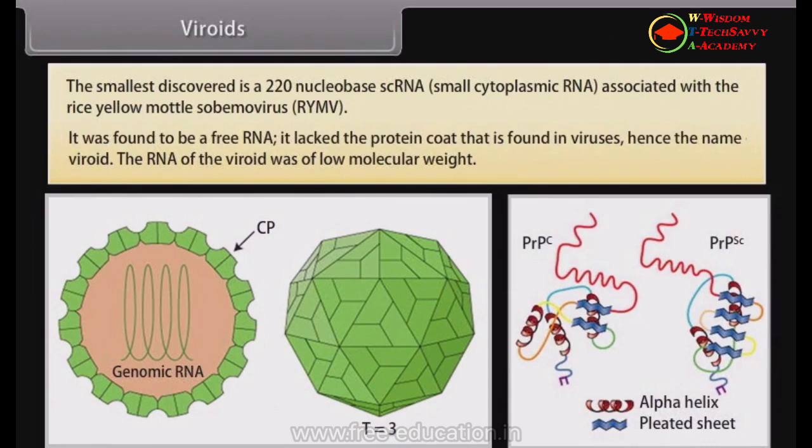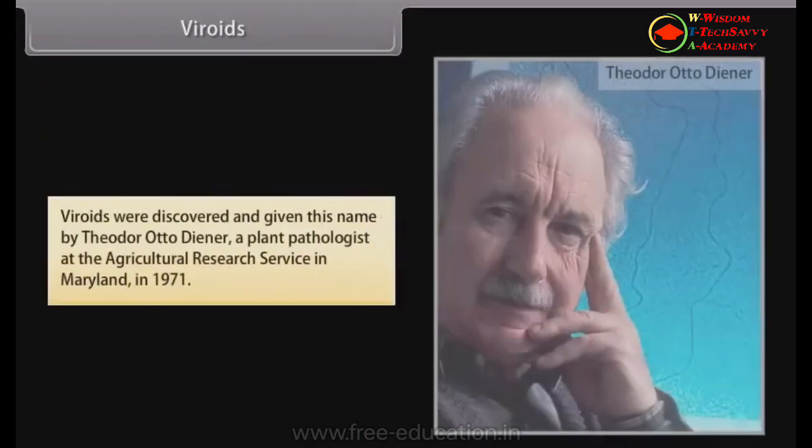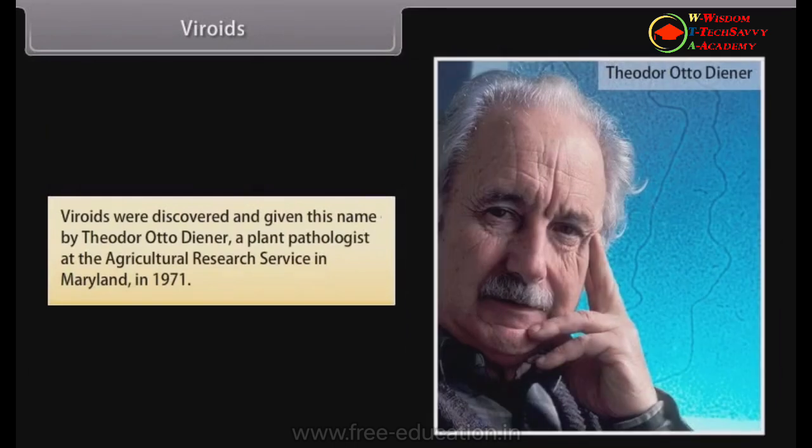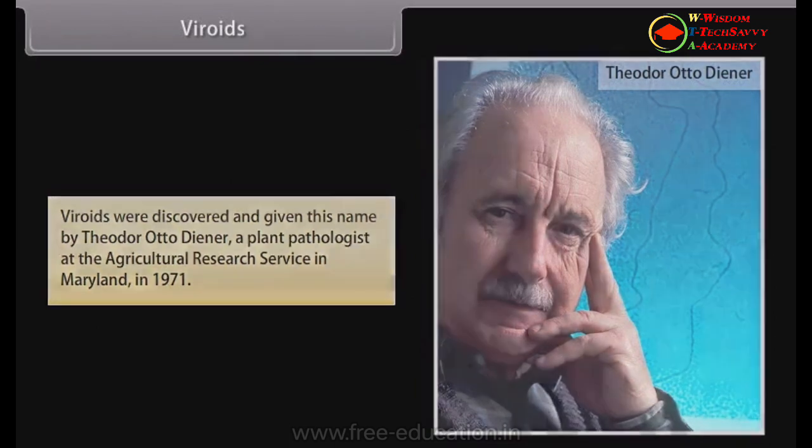It was found to be a free RNA. It lacked the protein coat that is found in viruses, hence the name viroid. The RNA of the viroid was of low molecular weight. Viroids were discovered and given this name by Theodor Otto Diener, a plant pathologist at the Agricultural Research Service in Maryland in 1971.